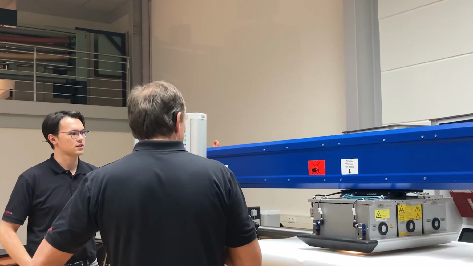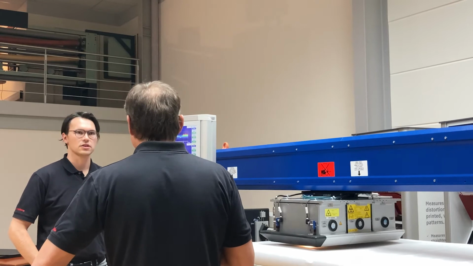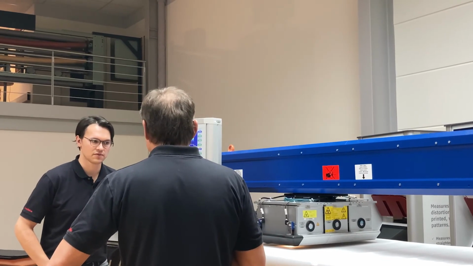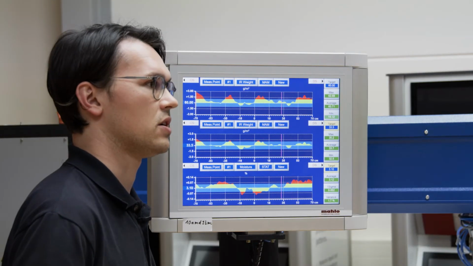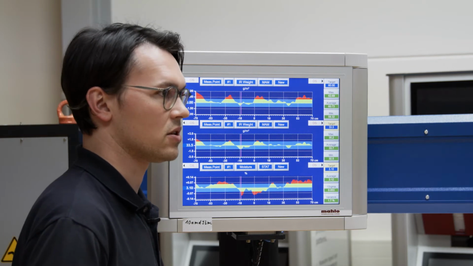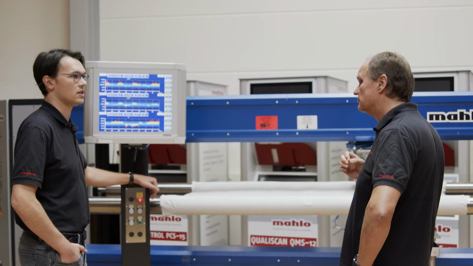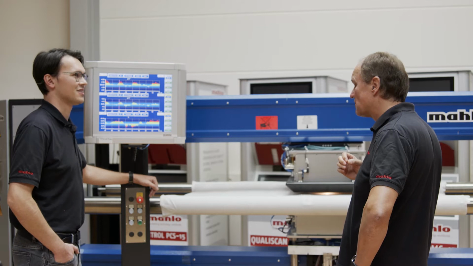Yeah, there are several filters in the sensor setting, and every filter has a specific wavelength, and in this wavelength we can resolve the absorption from the product, from the material, and the sensor separates it for us after calibration.